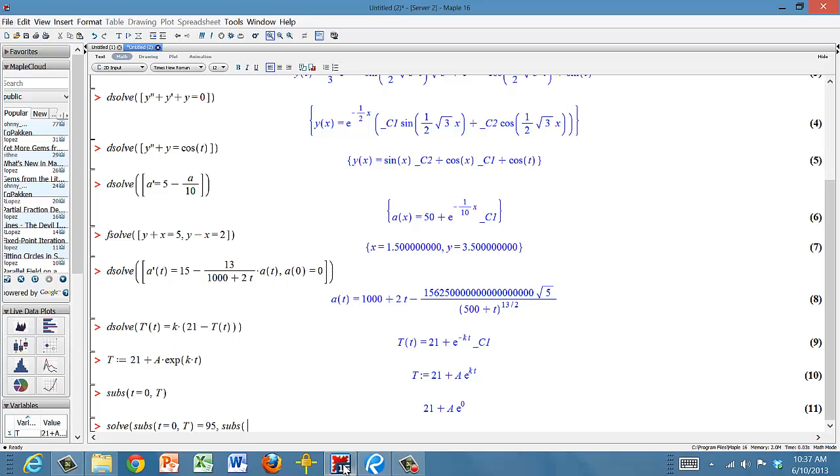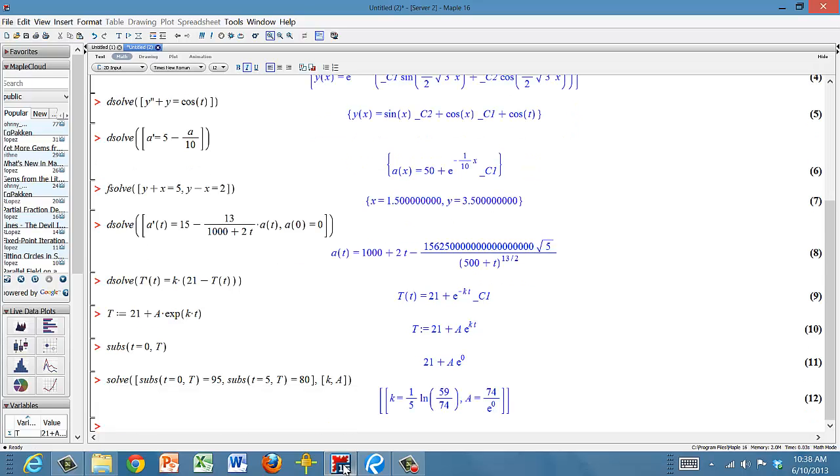And when I substitute t equals 5 into capital T, I need to be getting 80. And I want to solve that for k and a. So there are the expressions that you get.